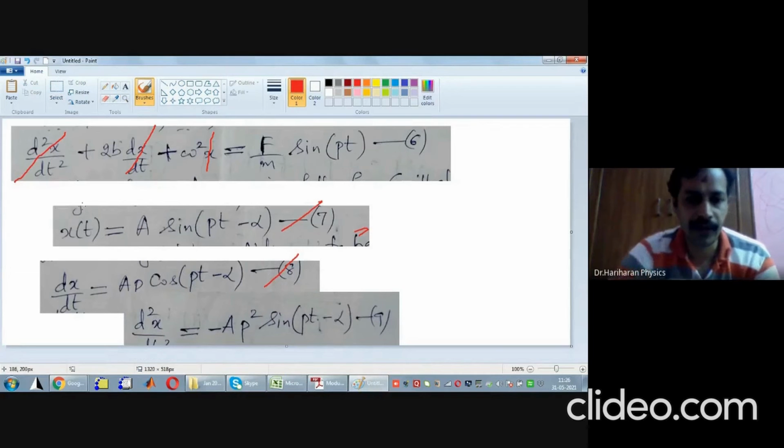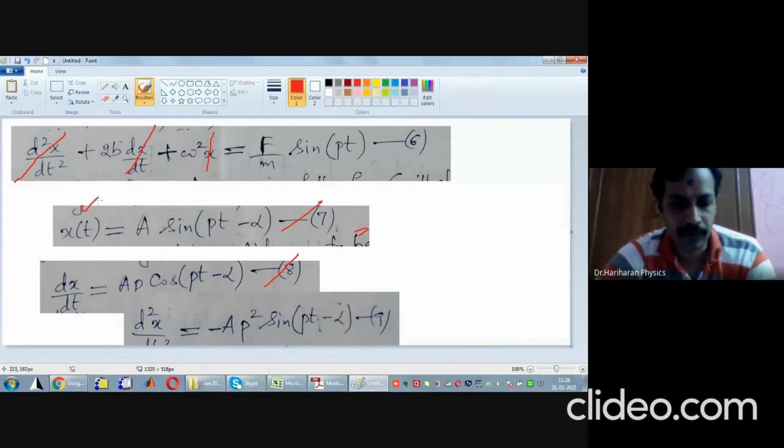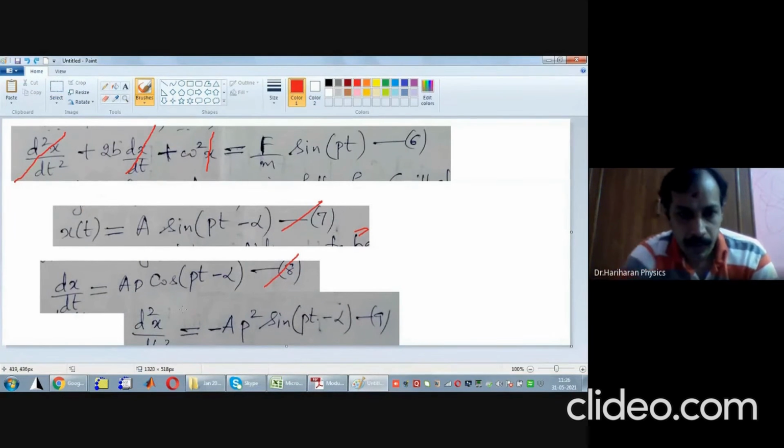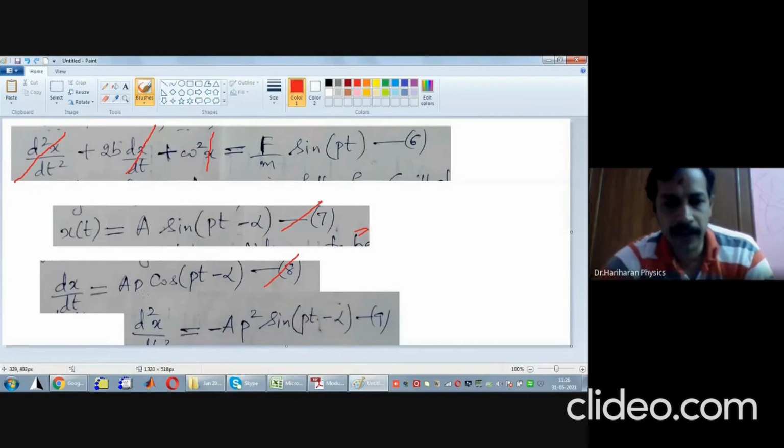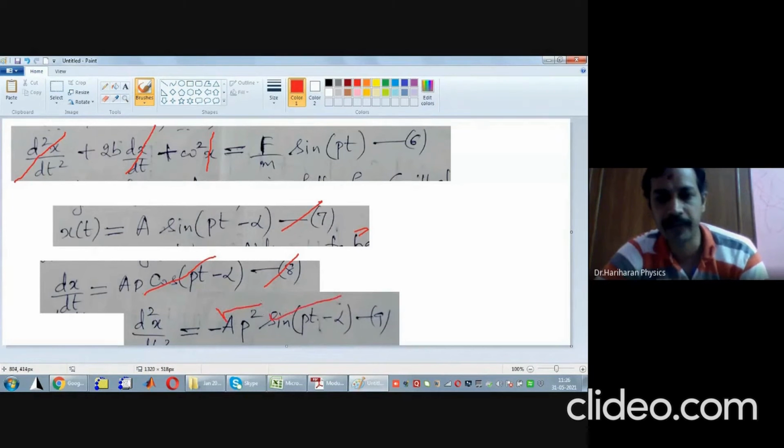What is d by dt of cos theta? d by dt of cos of pt minus alpha is minus sin of pt minus alpha. And again p is going to come out, therefore it's going to be minus a p square into sine of pt minus alpha, which I'll call equation 9.